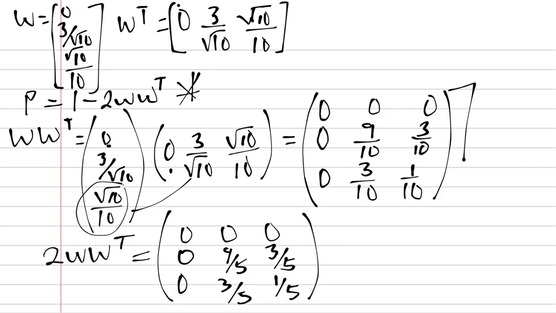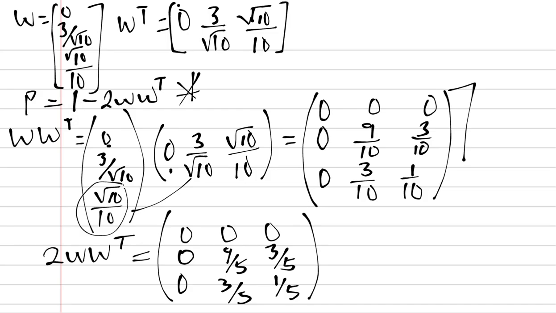So that is our 2 w w transpose. Now don't forget that what we want to do now is p minus 2 w w transpose. This your 1 here is the same thing as identity.